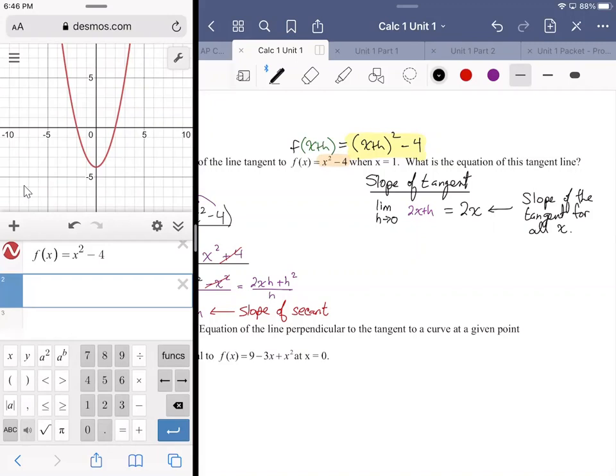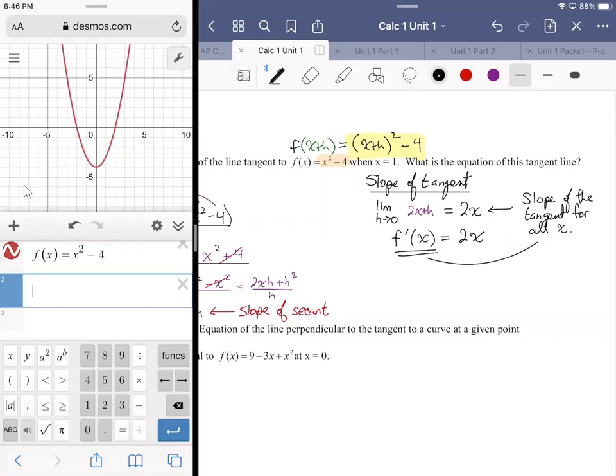So what we would call this is f prime of x. This represents the slope of the tangent line. So it means the same thing. This is the notation that we use.